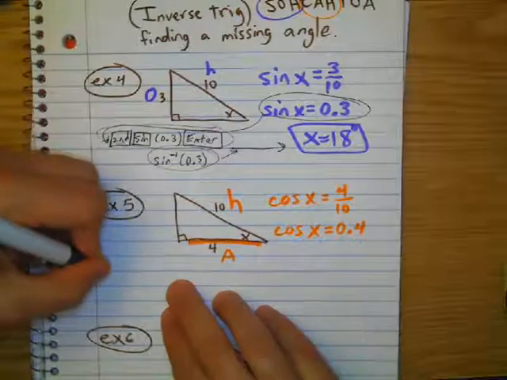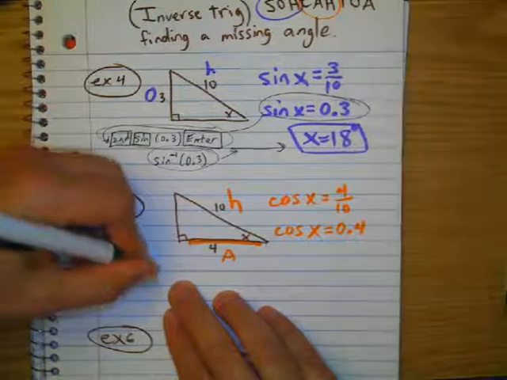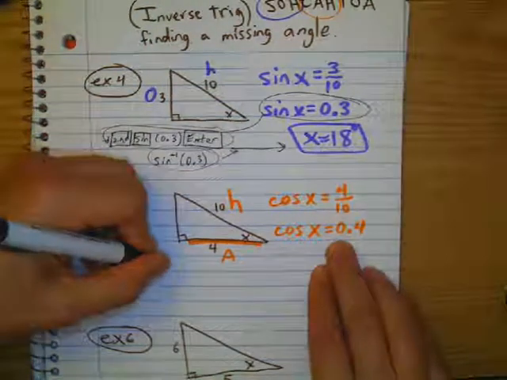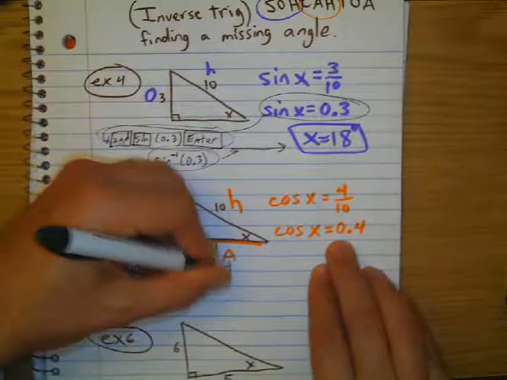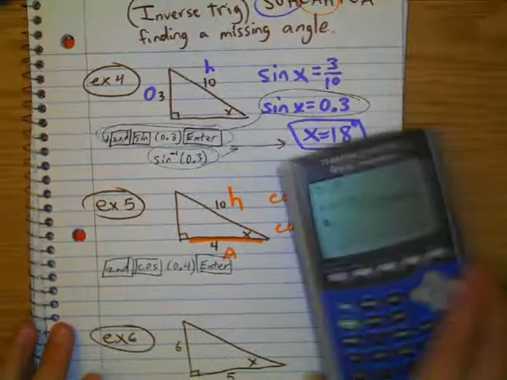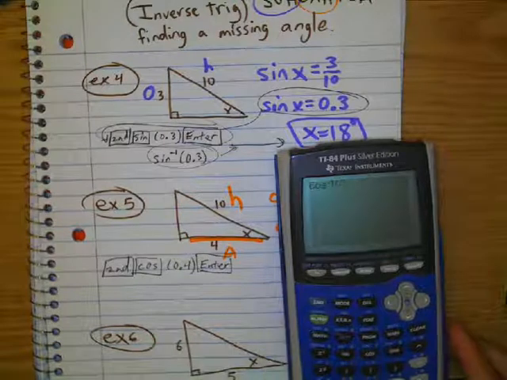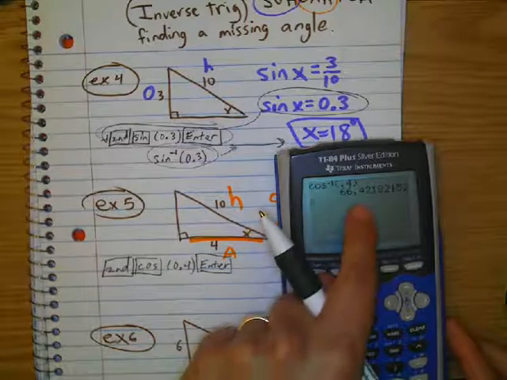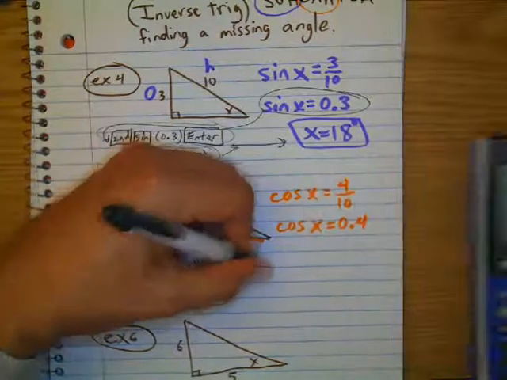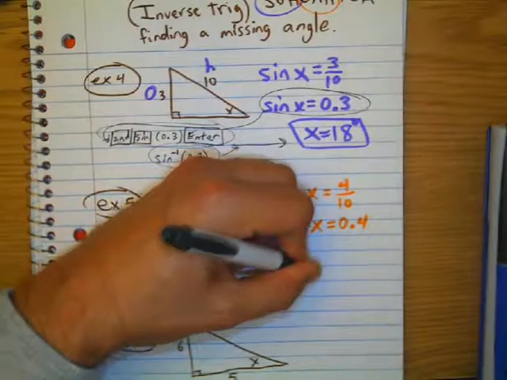I can hit second and cosine, and then 0.4, and then enter, and let's see what we get. Second cos 0.4, enter, and I get 66.4 degrees.